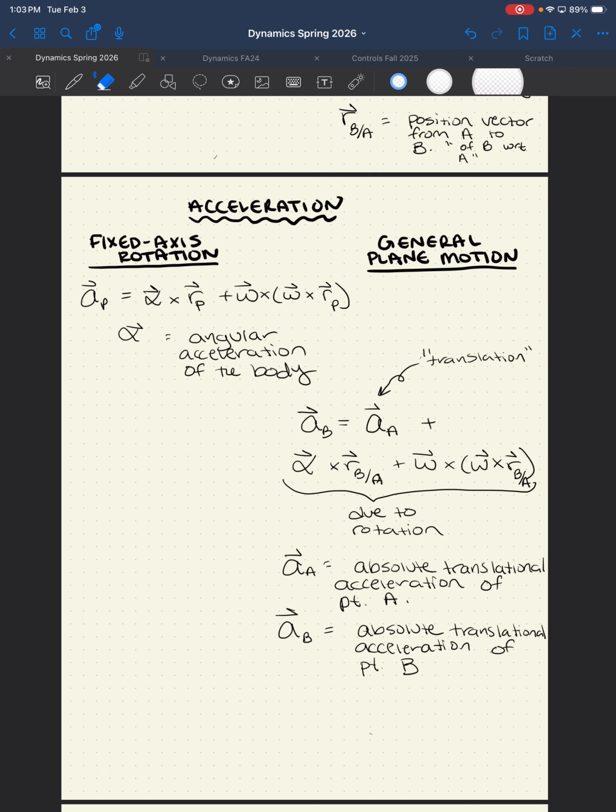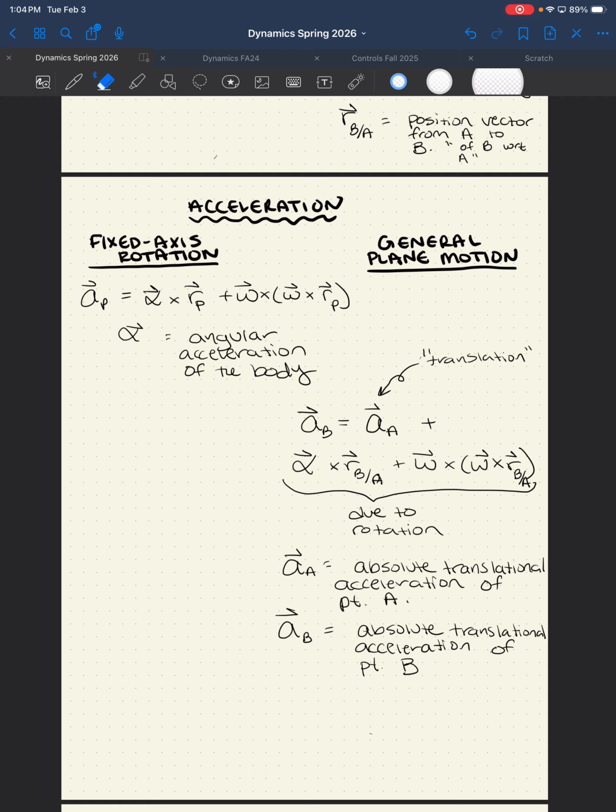I want you to find RB/A, or acceleration of B/A. If these 2 points are not on the same rigid body, you cannot use today's equations. It doesn't work. Okay? So, big part of this class is understanding when it is appropriate to apply these equations and when it is not.